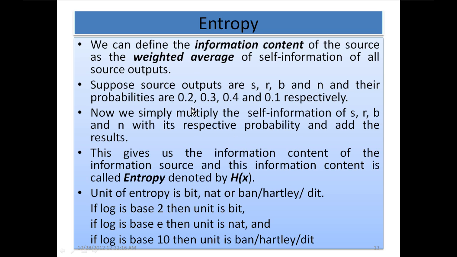So we will multiply 0.2 by log of 1 over 0.2, plus 0.3 times log of 1 over 0.3, plus 0.4 multiplied by log of 1 over 0.4, and plus 0.1 multiplied by log of 1 over 0.1. This will give us entropy. Entropy is nothing but the information content of the source output.